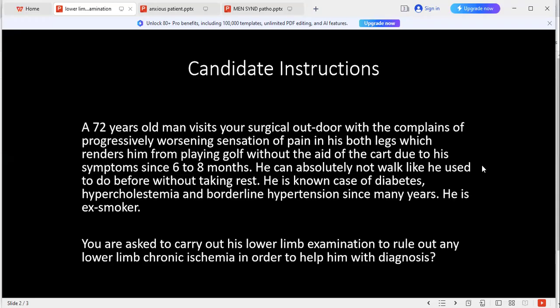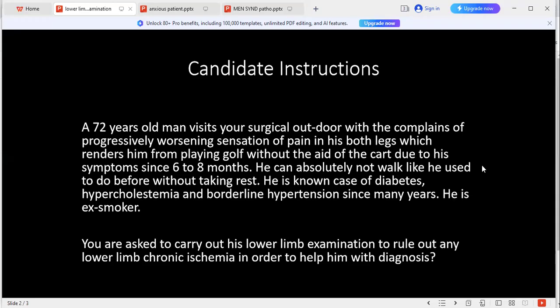Then I will also look for edema over the medial malleolus of both limbs, as well as pedal edema. Then I will auscultate with the help of a stethoscope over the femoral area for a femoral bruit, or an abdominal bruit.